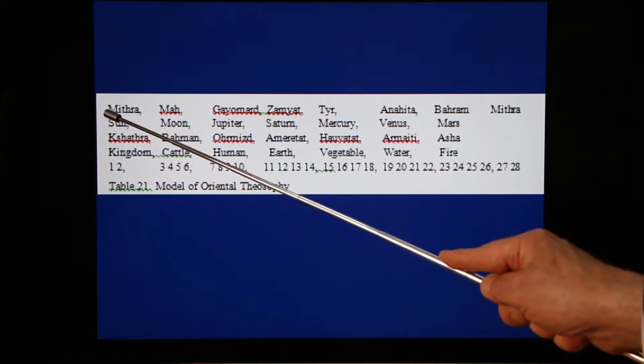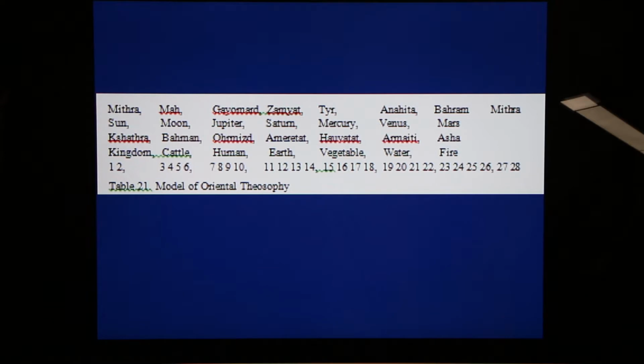And if you then join the lines in this way, you create the Monday, Tuesday, Wednesday, Thursday, Friday, Saturday, Sunday pattern.